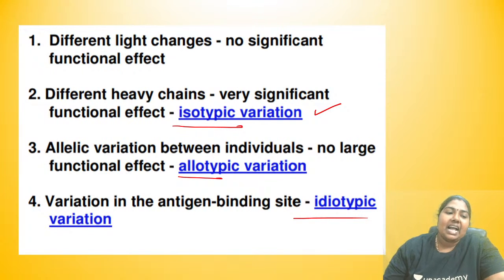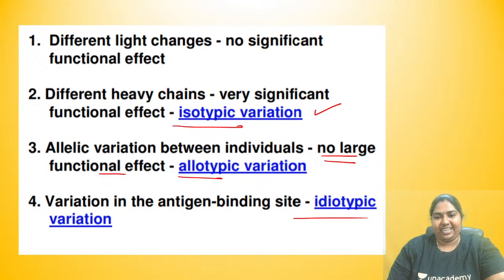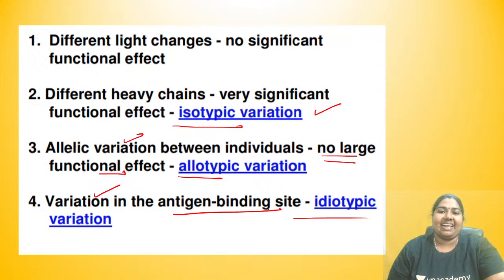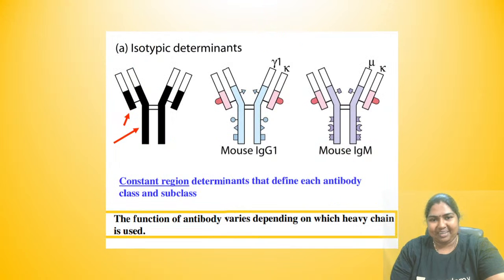And what about allotypic? Allotypic means they do not have much functional effect. There is going to be an allelic variation, right? So it doesn't have much functional effect. But idiotypic means there is going to be the variation in the antigen binding site. So these are the variety of variations that take place.